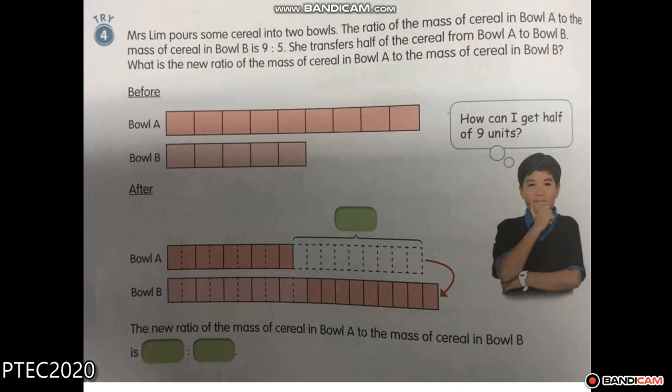After you read and understand, the second step is devise the plan. So think how you can solve that problem. And the third is carry out the plan. It means that you have to apply what you are thinking into practice in order to solve that problem.